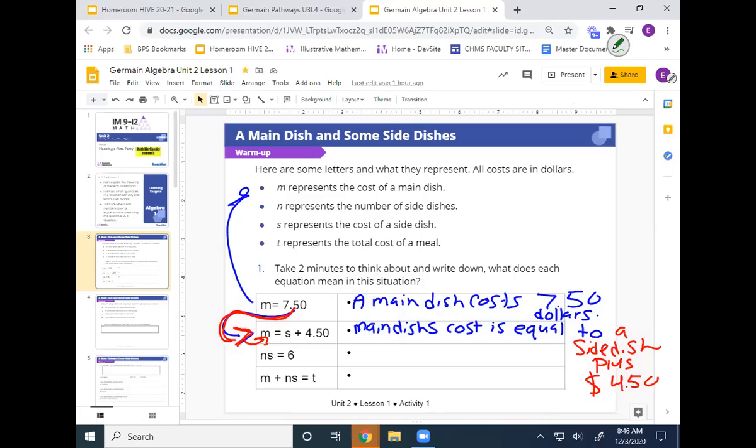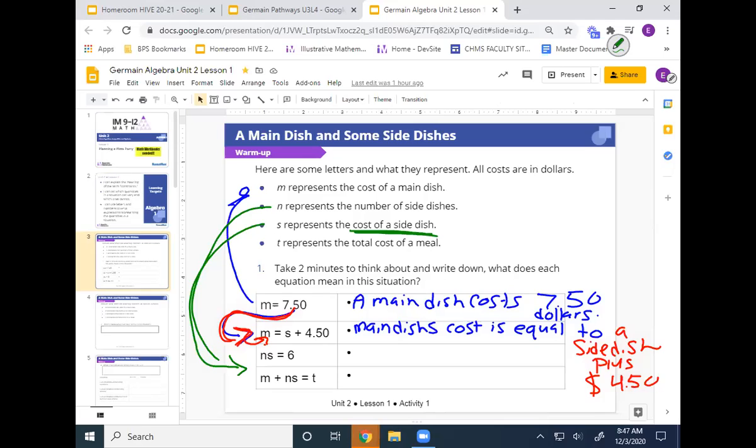Because N represents the number of side dishes, but what does the S represent? And what operation is going on there? Abby, unmute yourself for a second. I want to have a chat with you about it, okay? Would it be the number of side dishes times the S, which represents the cost of a side dish? So it's the number of side dishes times the cost per side dish is equal to $6. That's what that one's trying to say.